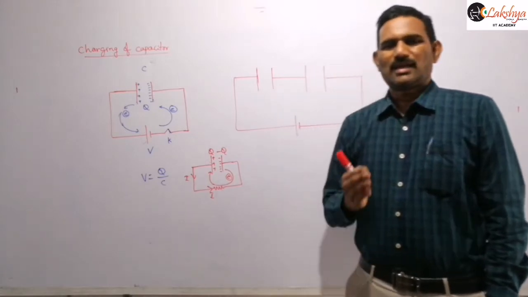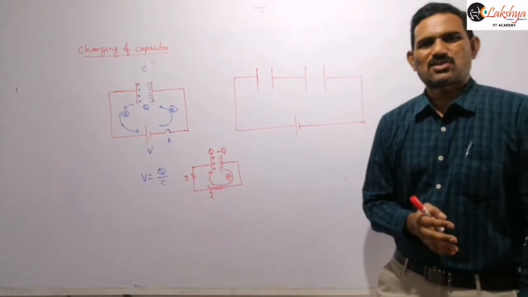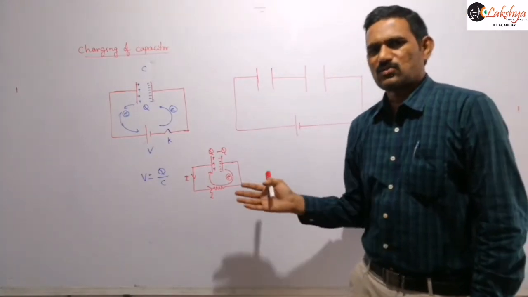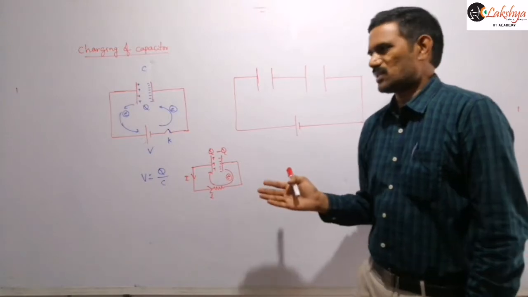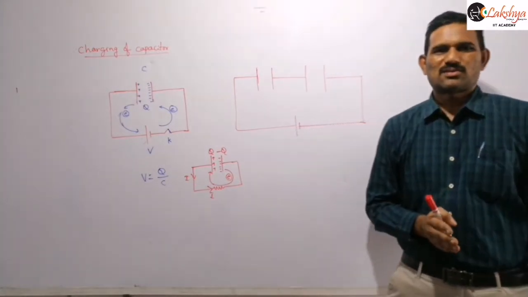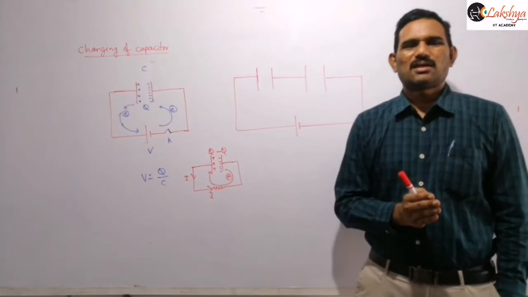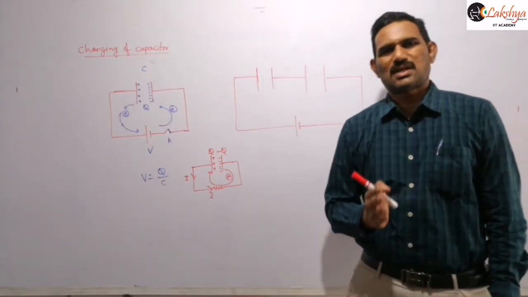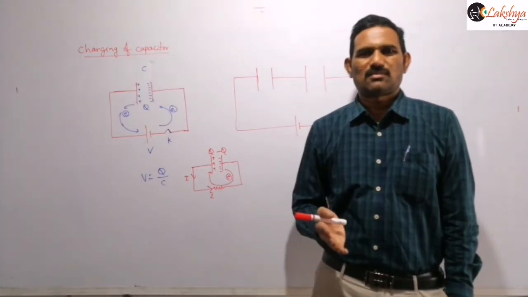And so whenever capacitors are connected in DC circuits, because a cell is nothing but our DC, direct current, current will be there in the circuit only during the charging and discharging, right?